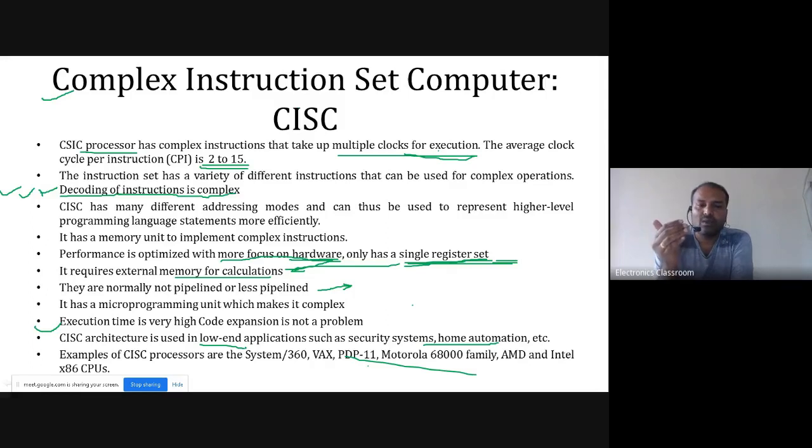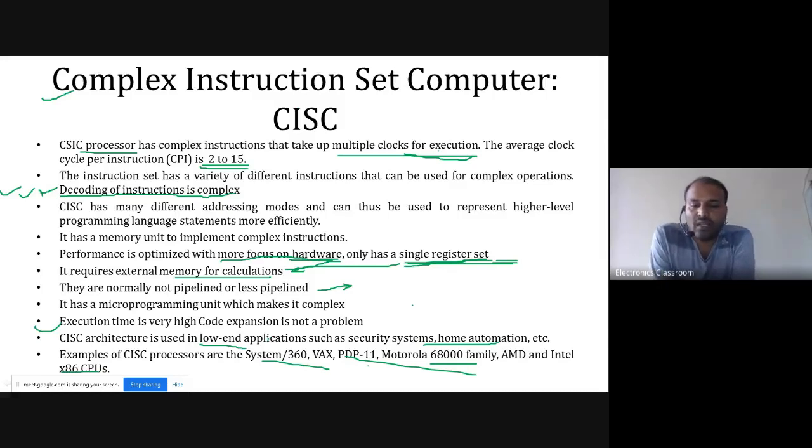There are various examples of CISC processors like System 360, VAX, PDP-11, Motorola 68 family, AMD, and Intel x86 processors. Those are following CISC architectures.